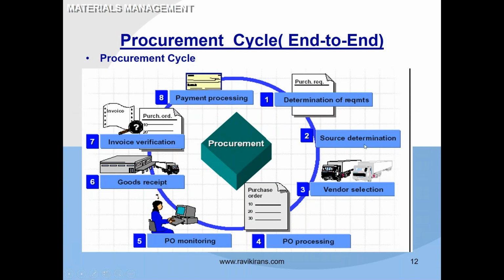Source means there will be hundreds of sources, but we select the vendor based on the quality, the price, and the delivery capability of the vendor. Then it goes to PO processing, PO monitoring, then goods receipt, invoice verification, payment processing.